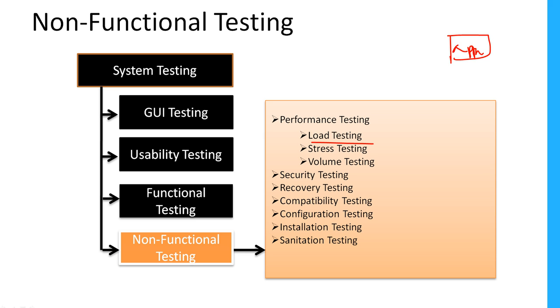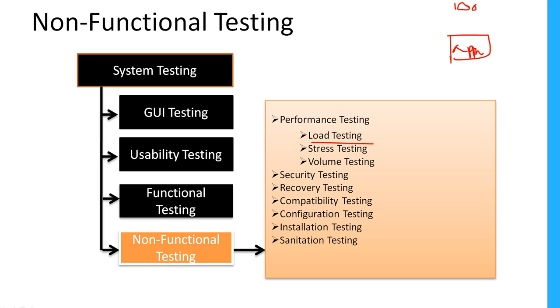So we need to have certain parameters. We need to design as per our customer requirement, and we need to manage those particular parameters. So load testing means, suppose the customer says 100 users are accessing the application, we need to verify whether our application is stable or not if 100 users are accessing parallelly.